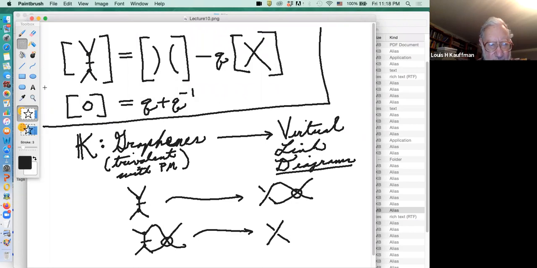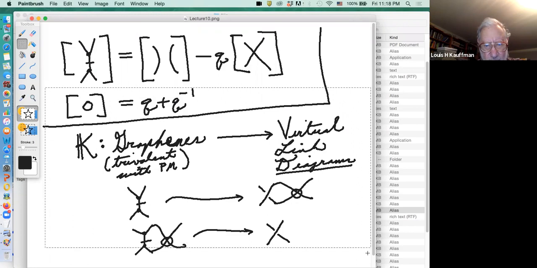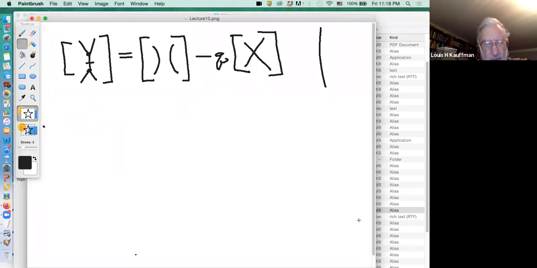One way to draw the pictures would be to erase this part of the board, although it's a little quick to erase, but we're going to put it back in a moment anyway. And then let's write under here what this would go to.